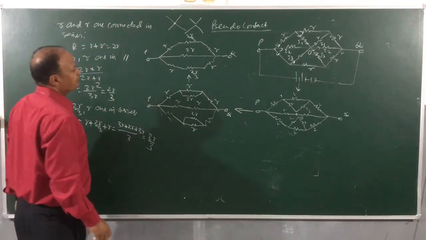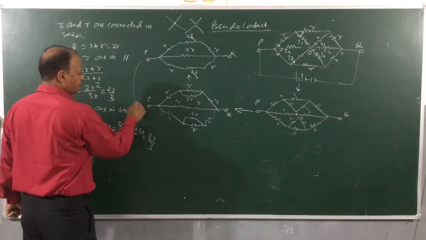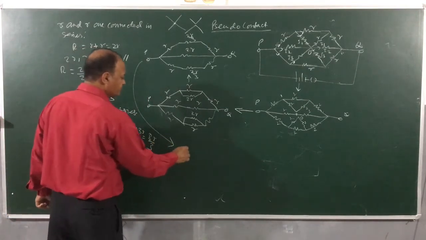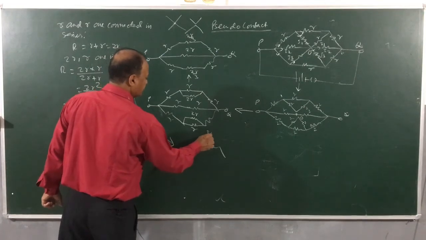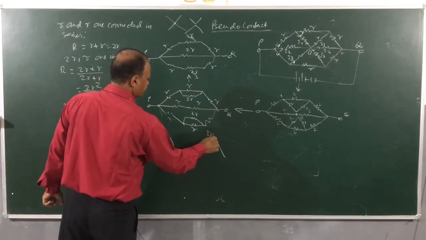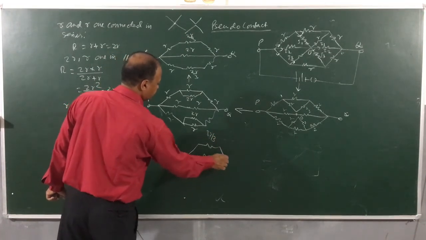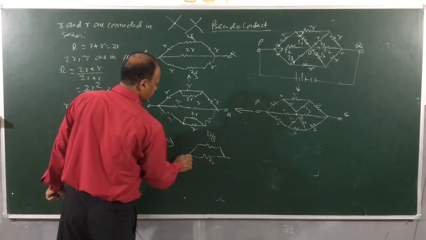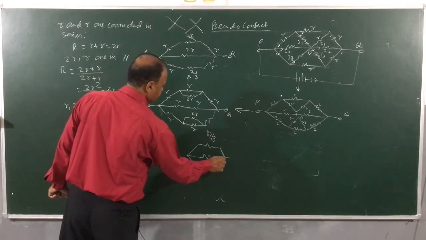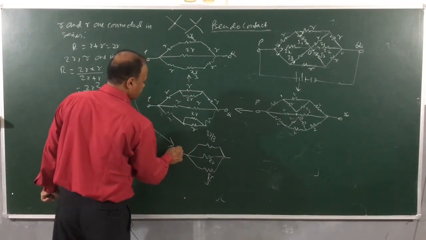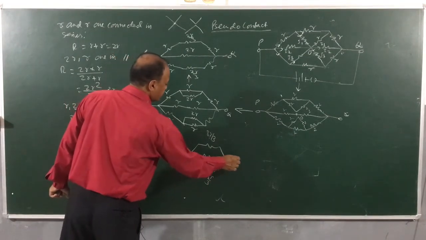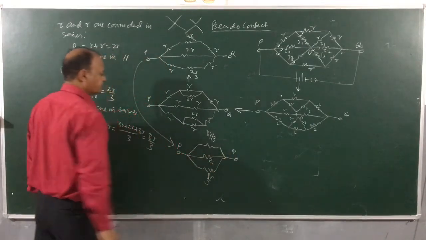So finally, we draw the simplified circuit here. This branch is 8R by 3, this is 2R and this is 8R by 3. This is point P and this is point Q.